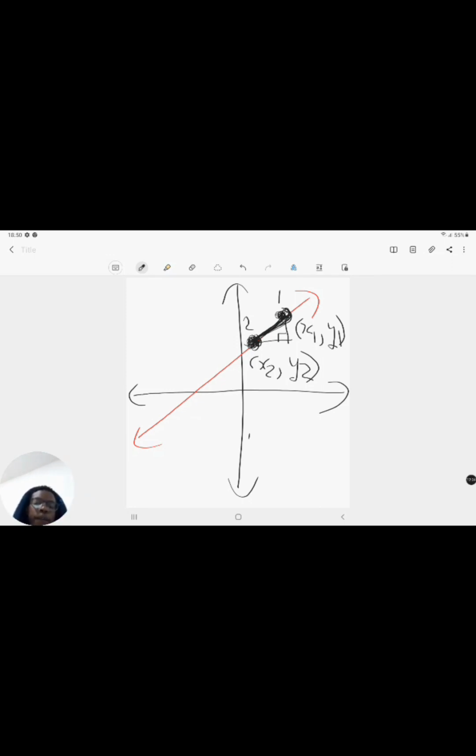So, remember, our equation for our gradient is m is equal to y1 minus y2 divided by x1 minus x2. So y1 is that value there, y2 is that value there, x1 is that value there, and x2 is that value there. Once you have all 4 of those values, then you can calculate the gradient or the slope of your graph.